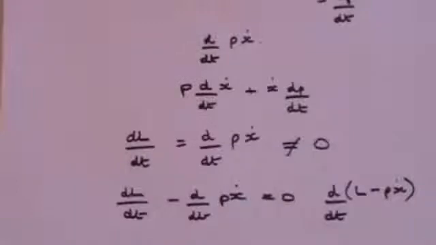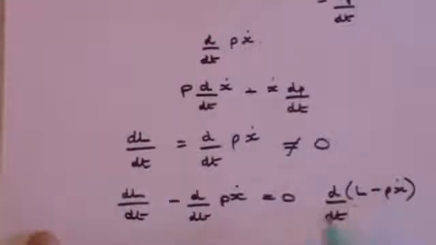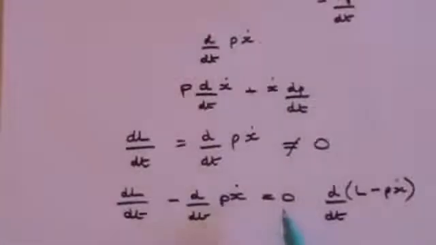So the time derivative of the Lagrangian minus momentum times velocity equals 0, which means it doesn't vary with time, which means it's conserved.